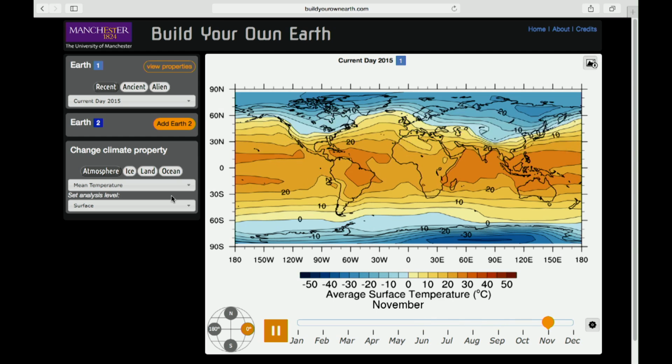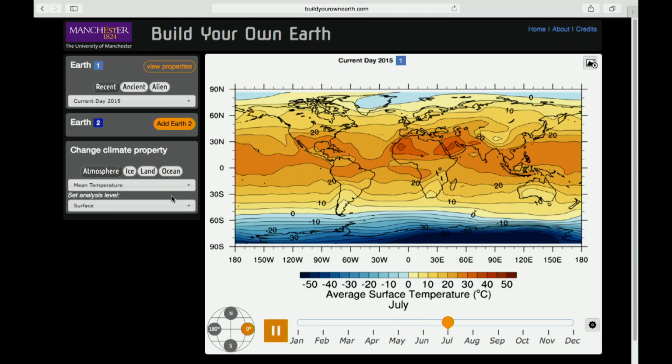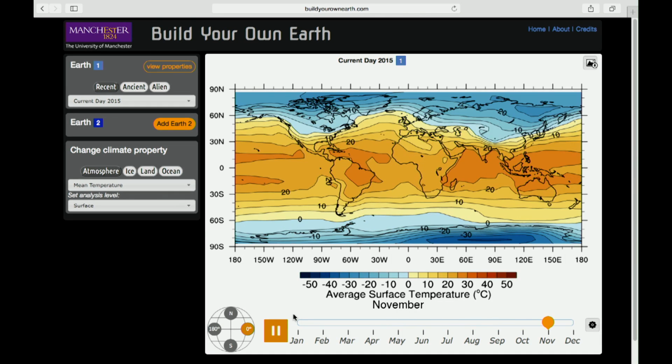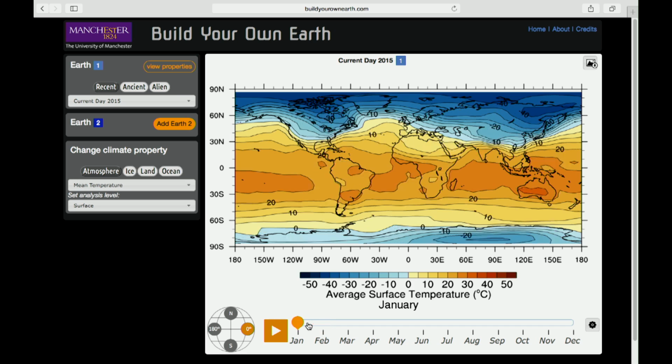The viewer will default to looking at a slideshow of monthly average surface temperatures. Let's pause the slideshow and look at different months specifically. If we look at the mean temperature in January, there are numerous features that we should be able to interpret.